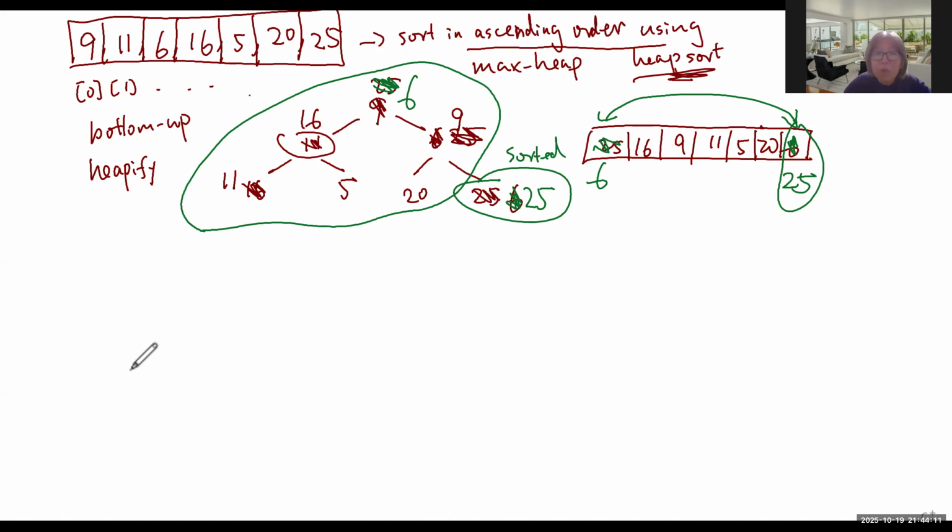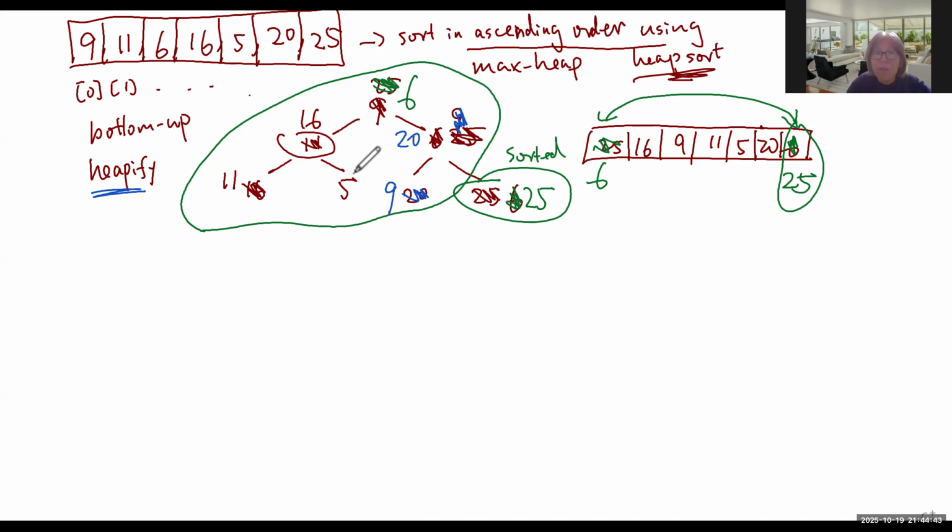After we do the swap, we can clearly see it doesn't meet the maximum heap condition. So we are going to do heapify again. We start from the last internal node, node 9, and compare it with its subtree. Clearly we need to do the swap, so 20 and 9.